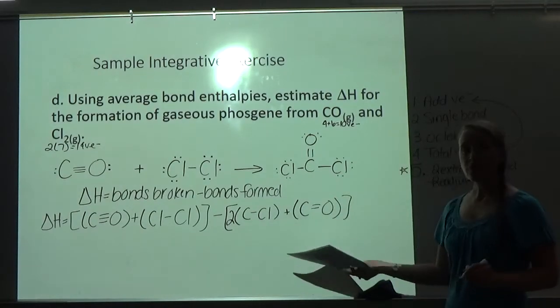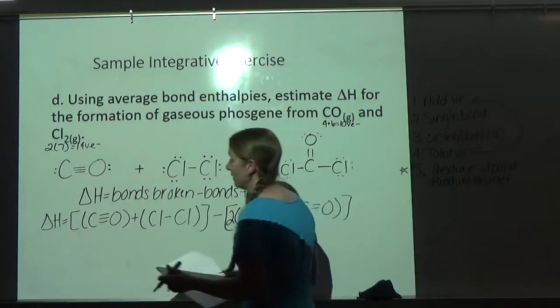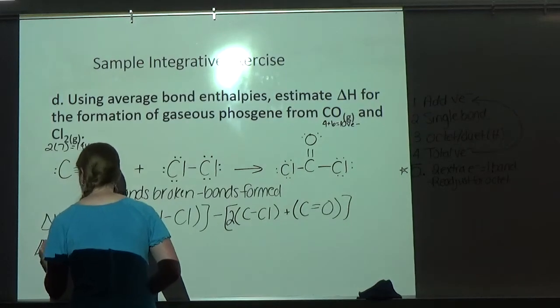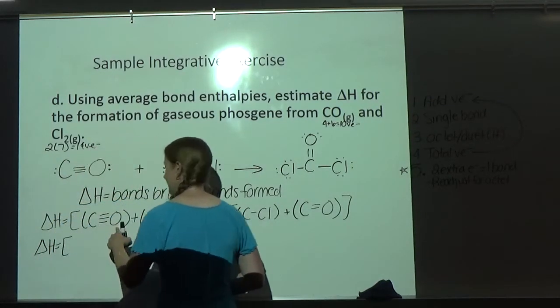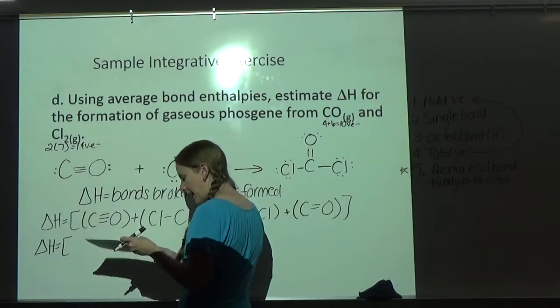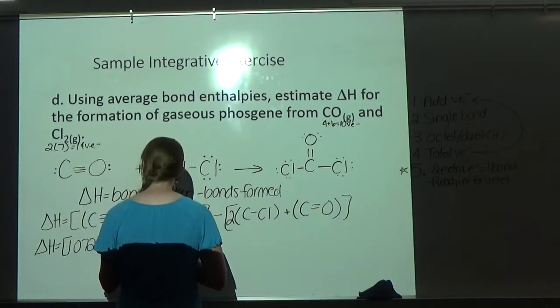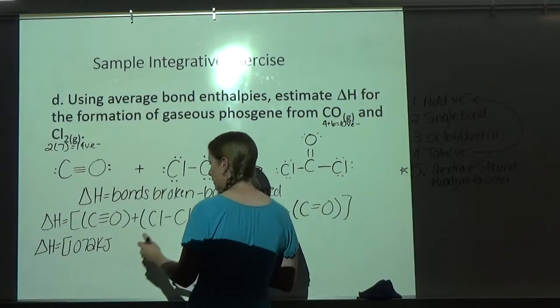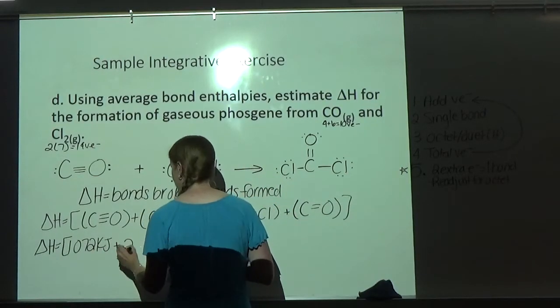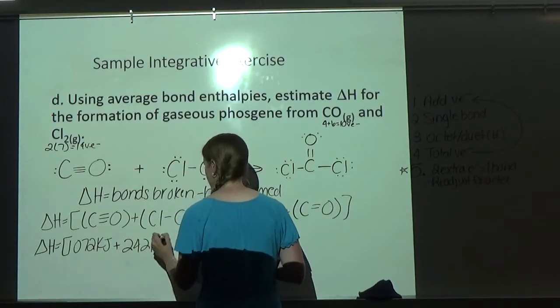All right, once I know that, I can look at my chart and fill my numbers in. So a C triple bond O has a bond enthalpy of 1,072 kilojoules. A Cl-Cl single bond has an enthalpy of 242 kilojoules.